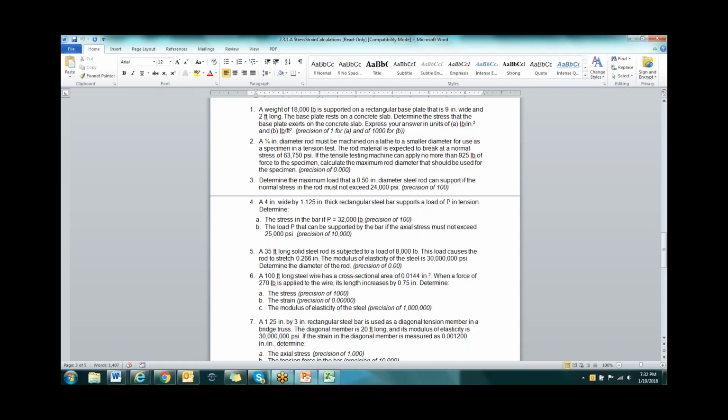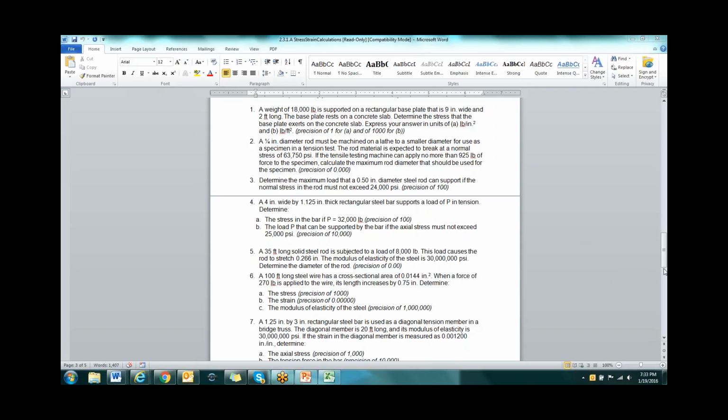So this first question says the weight of an 18,000 pounds supported by a rectangular base plate that is 9 inches wide and 2 feet long.